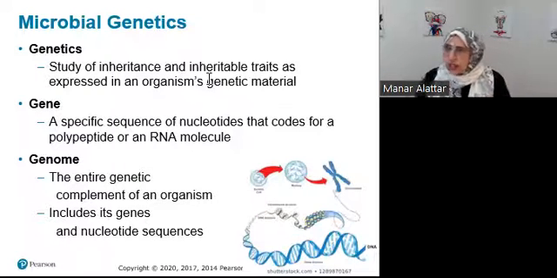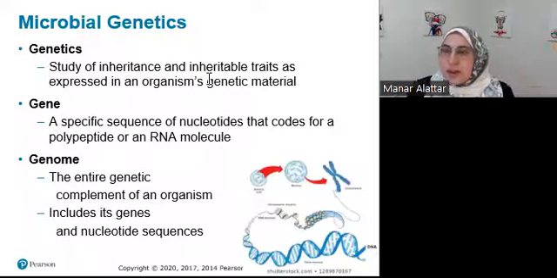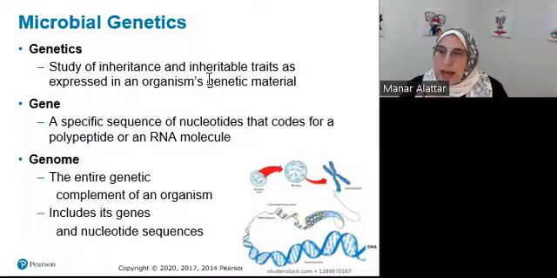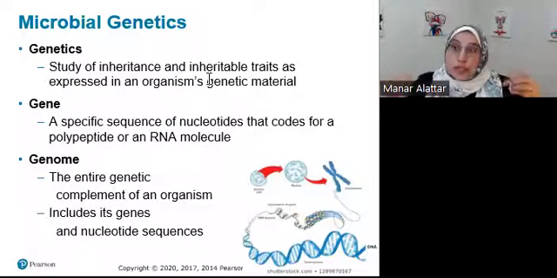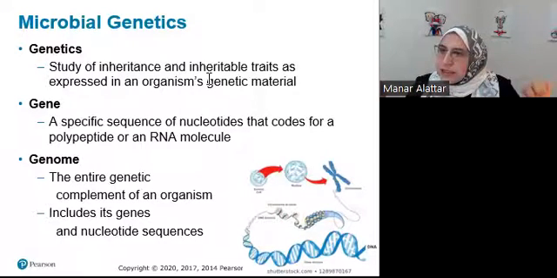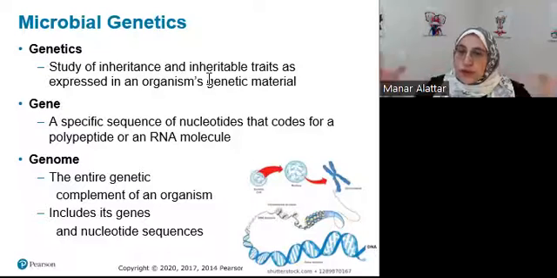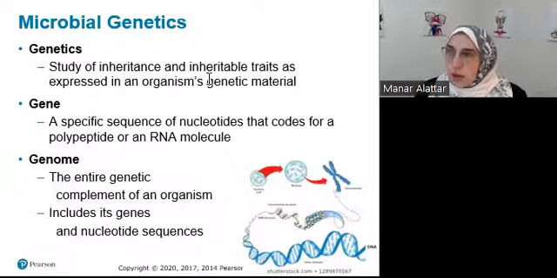Each genome has thousands or hundreds of thousands or even millions of genes that it expresses. The aggregate of all of those genes, plus the other pieces of DNA that might be non-coding, for example, or not expressed at that moment, is called the genome. So it's the full aggregate of the genetic information of that individual organism.